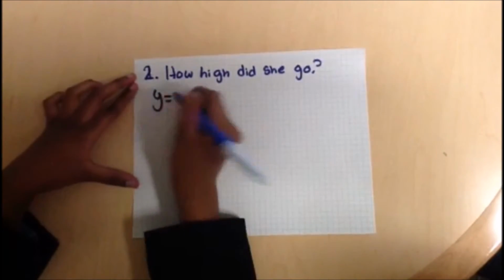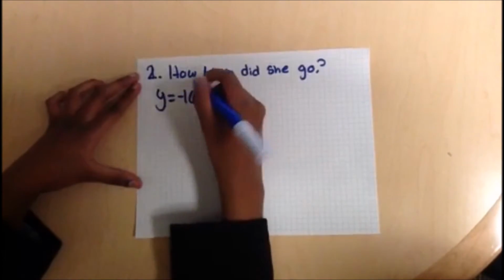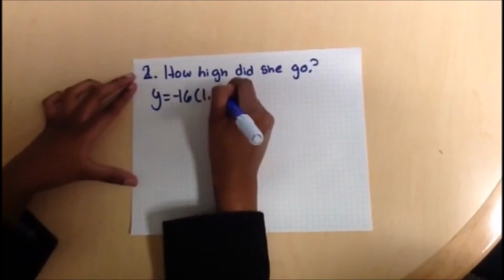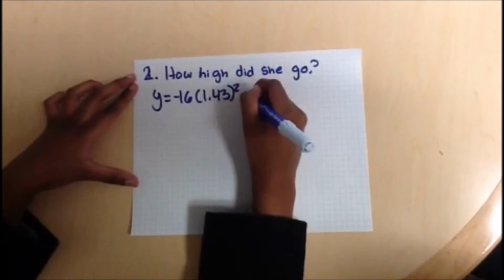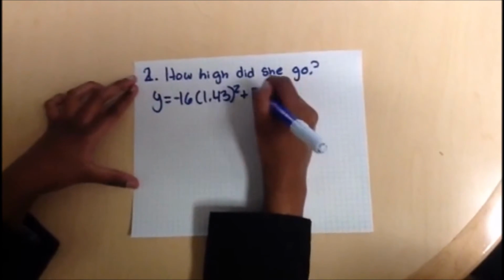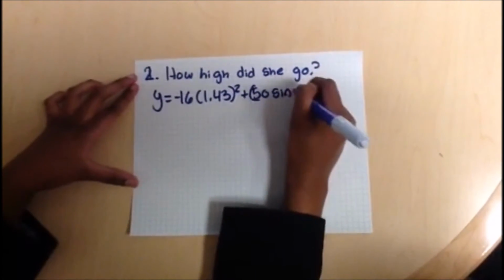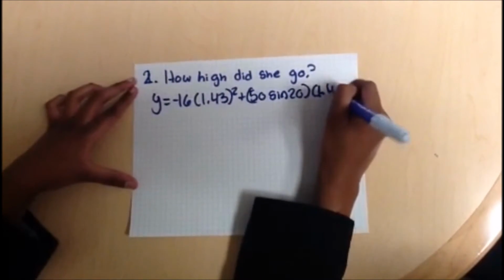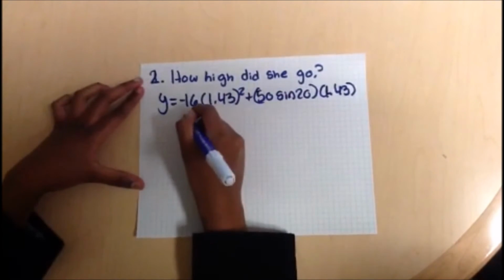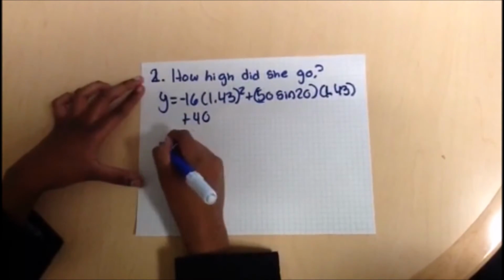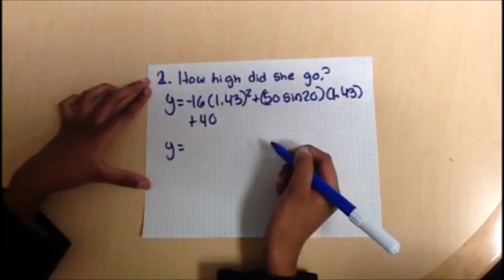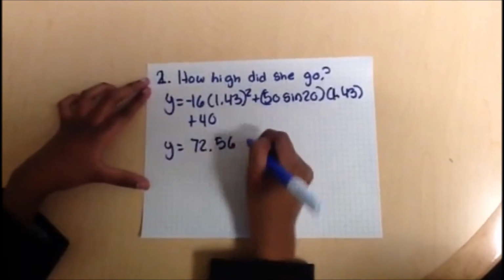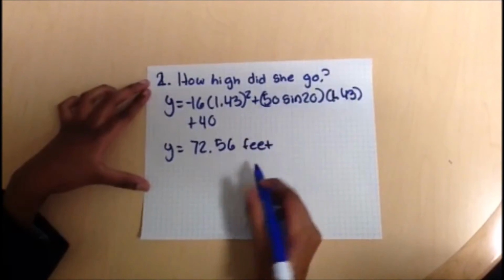So using that, we're going to plug in negative 16 times 1.43 squared plus 50 sine of 20 times 1.43 plus 40, which results in a y value of 72.56 feet, meaning that she went at a height of 72.56 feet.